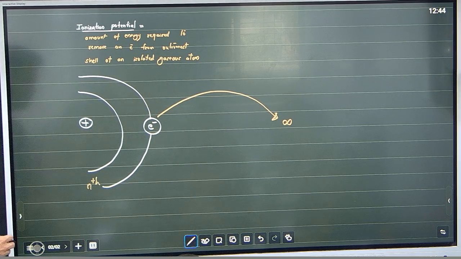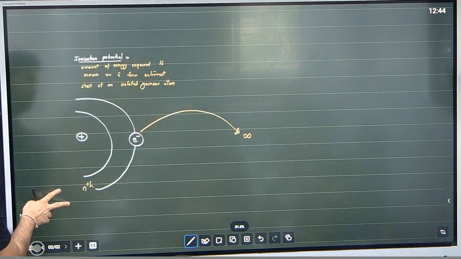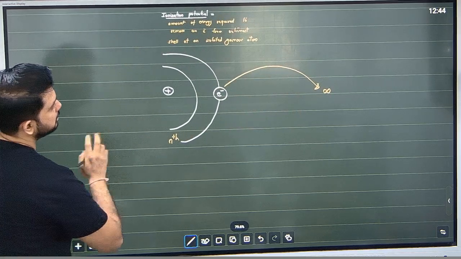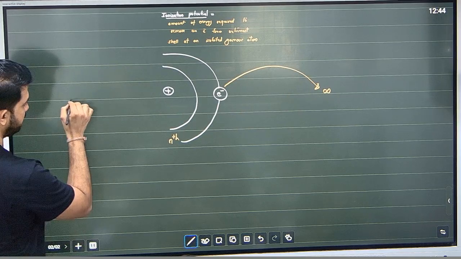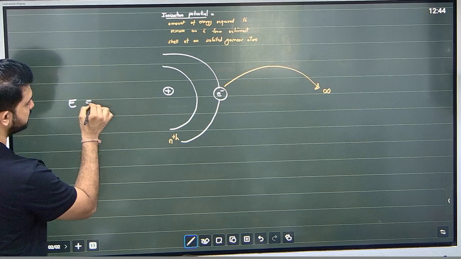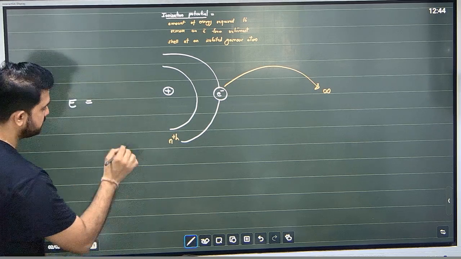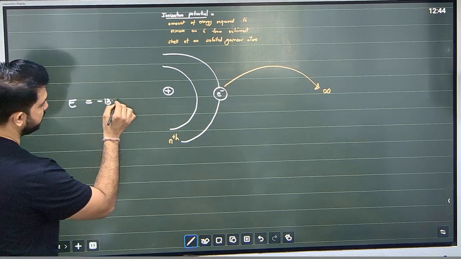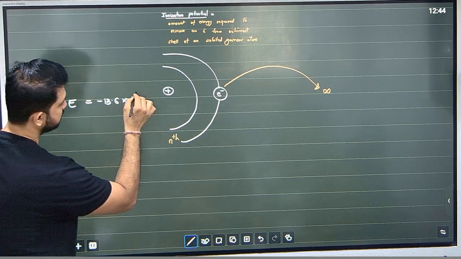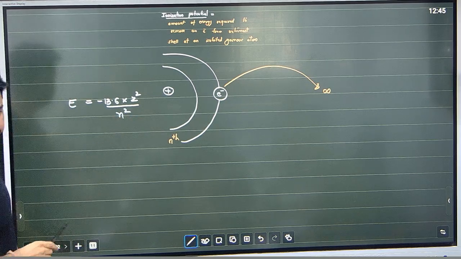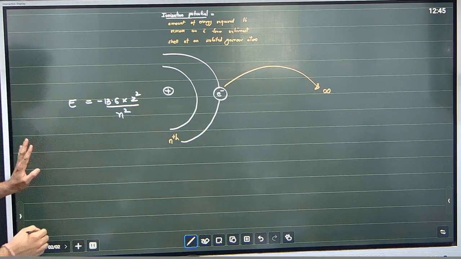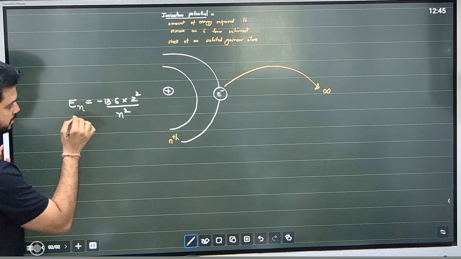So what is the formula for energy in terms of electron volts? Energy का formula क्या लिखा था हमने? Total energy is minus 13.6 into z square over n square. So in the nth orbit, what will the energy be?